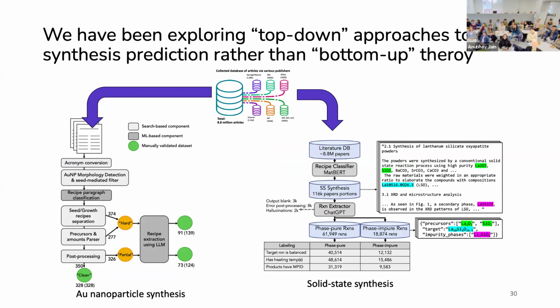The one on the left is about gold nanoparticle synthesis, with about 1,000-ish records. The one on the right is about solid-state material synthesis, like powder synthesis, with 40,000-ish entries. The goal is: is there some signal in this data that will tell us what materials might be synthesized, and how we might make them?